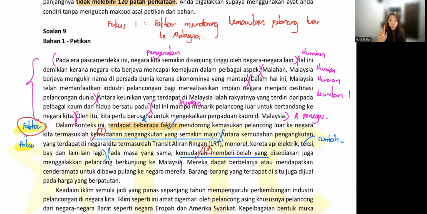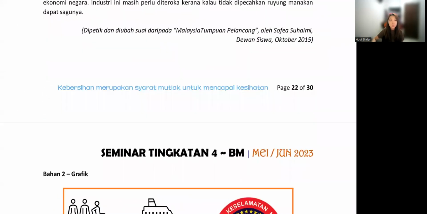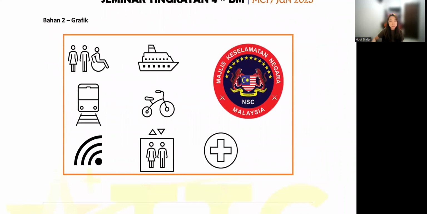So this is bahan satu, remember. Remember that is bahan dua. Bahan dua is the graphic. Teacher, just pictures, how is going to know? You need to construct your own sentence, but using the information given. Okay, the factor is about mendorong, mengalakkan pelancong luar negara ke Malaysia, right?